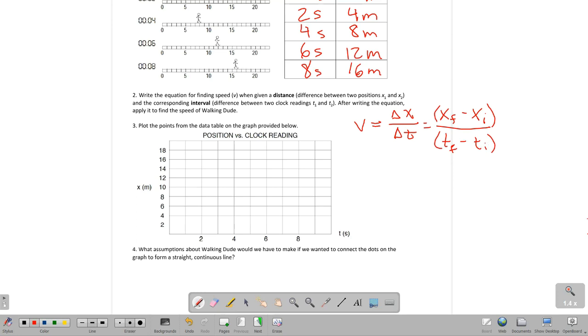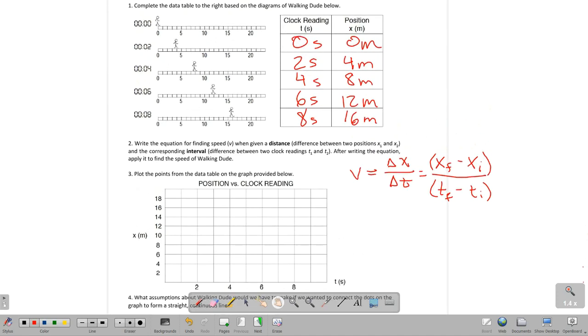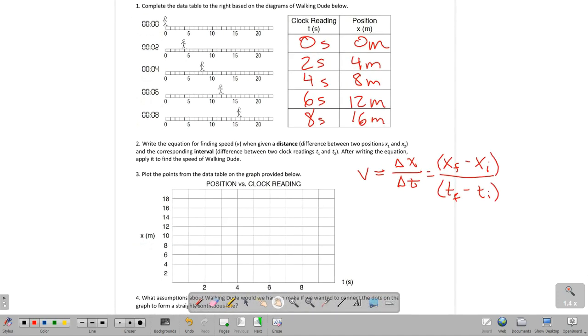So if we look right here, we need this now. Let's go ahead and do this math here, and I'll change the color to blue. The final position that he had was 16.